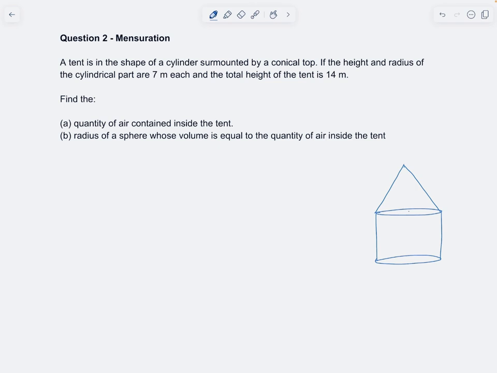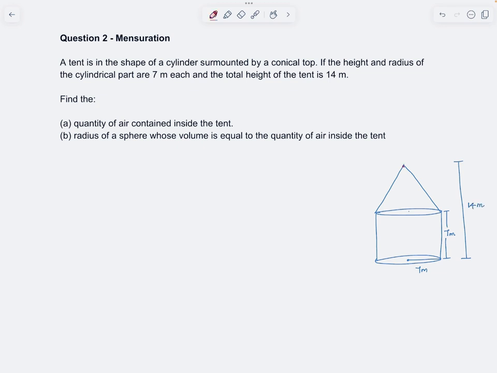If the height and the radius of the cylindrical part are 7 meter each, that is, the radius is 7 meter and the height is also 7 meter, and the total height of the tent is 14 meter, that is from the top of the conical part to the base of the cylinder is 14.